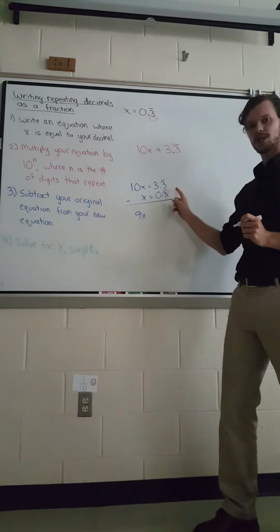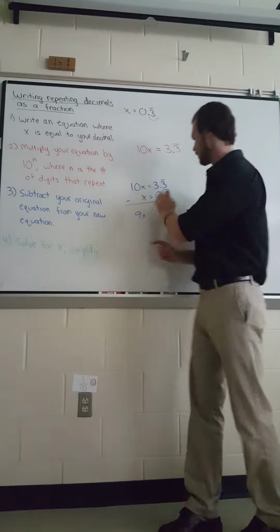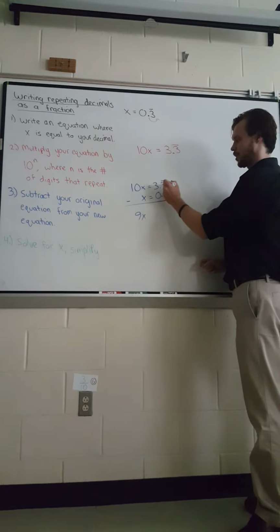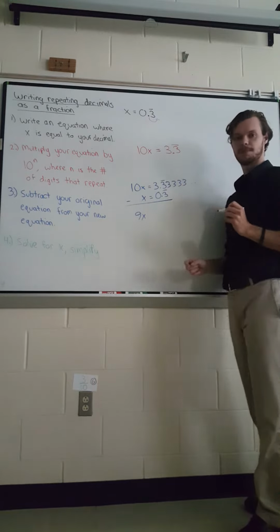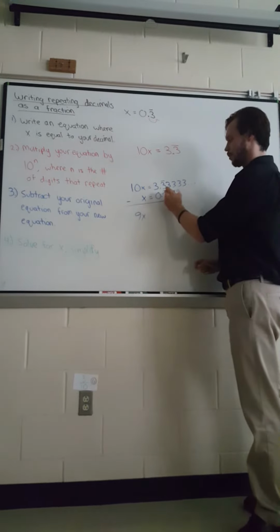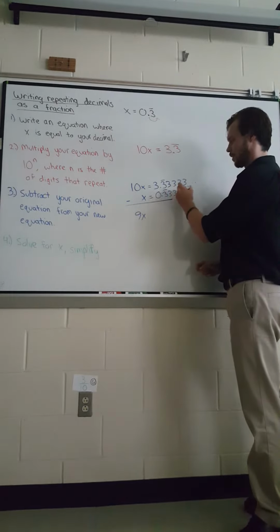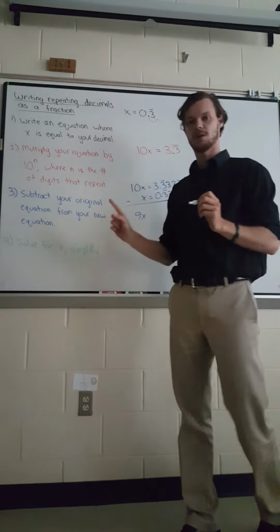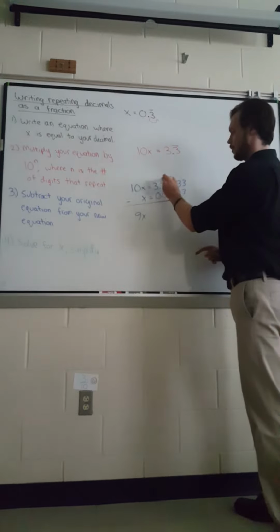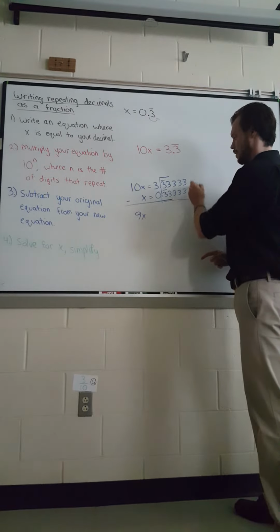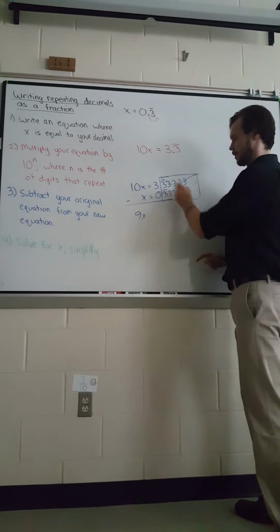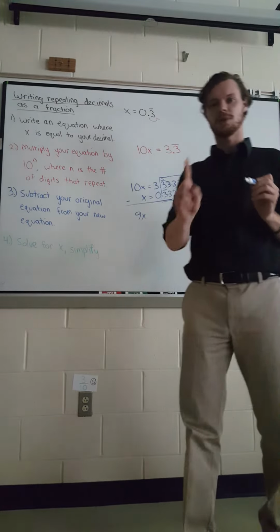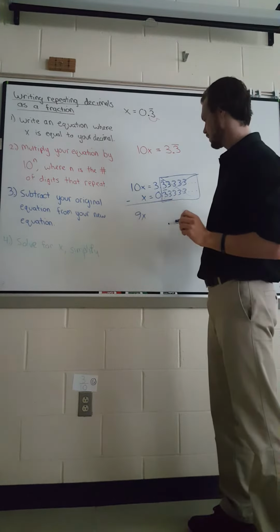On the right-hand side, this is cool. This is what happens. This is really like 3.3333 on forever. We also have 0.3333 on forever. If we try to do our subtraction here, all that's going to happen is all these 3's cancel out. So on the right-hand side, all we're left with is 3 minus 0.